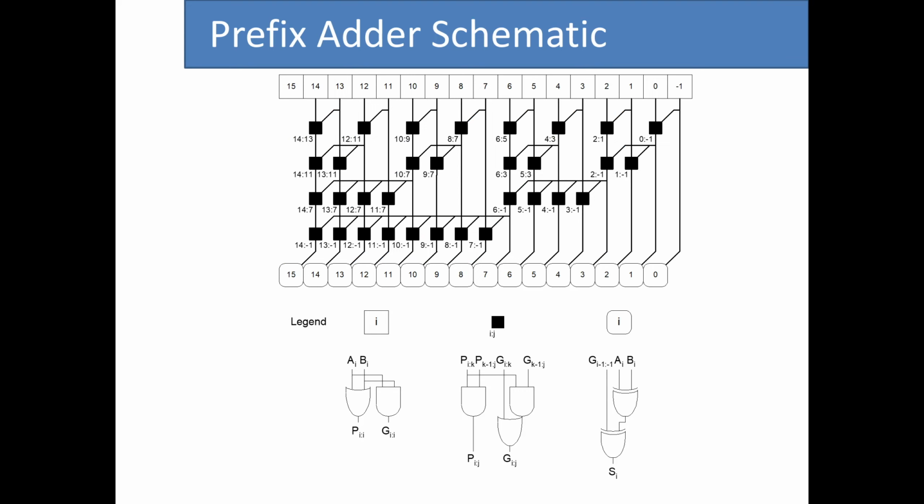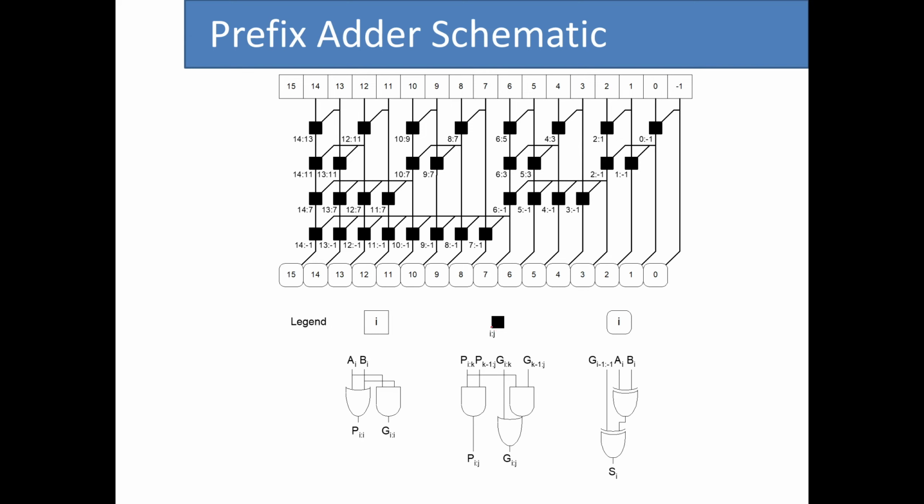Since the circuitry is a bit more complex, what we do is that we shorthand it with some legend. Anywhere that you see a square block, that's basically equivalent to creating the propagate and the generate signals.